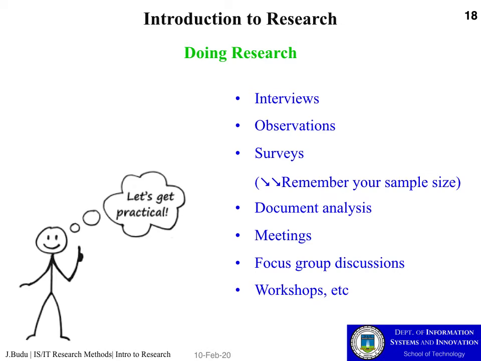You see, you do not have any evidence. So at the back of your mind, you should be sure that you have access to do some interviews, observations, some meetings, some focus group discussions, and some workshops before you set off to do your research. Especially, this is especially for IS researchers.